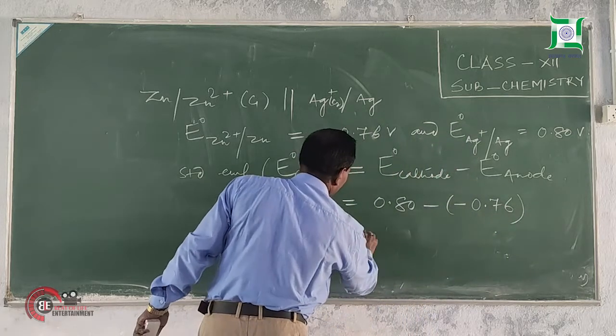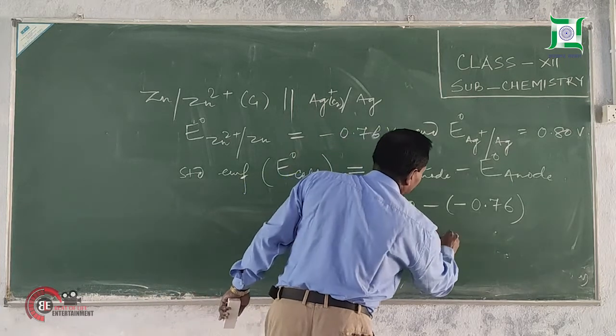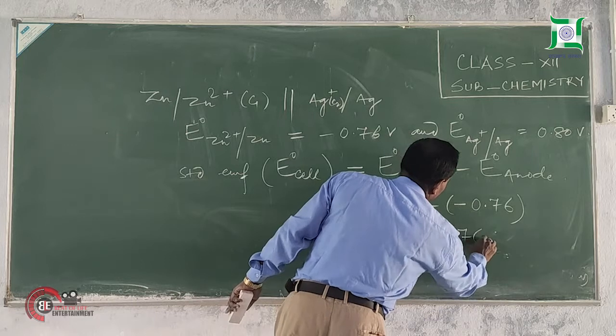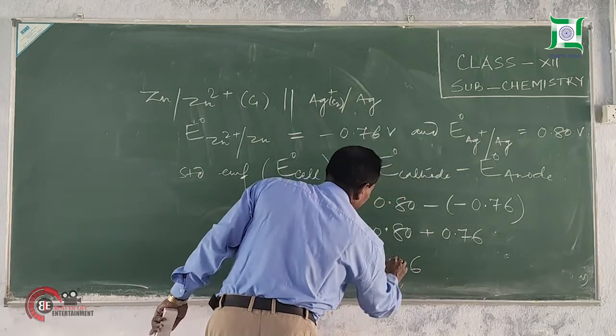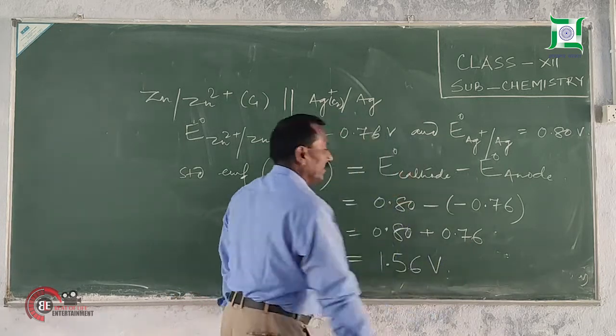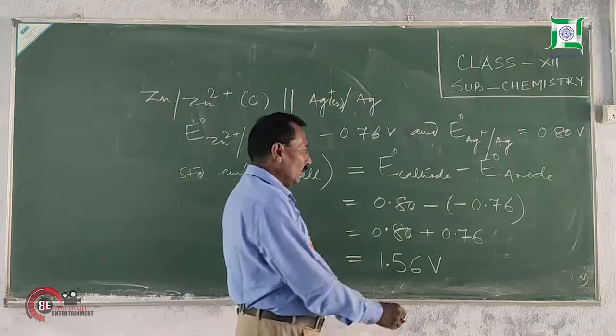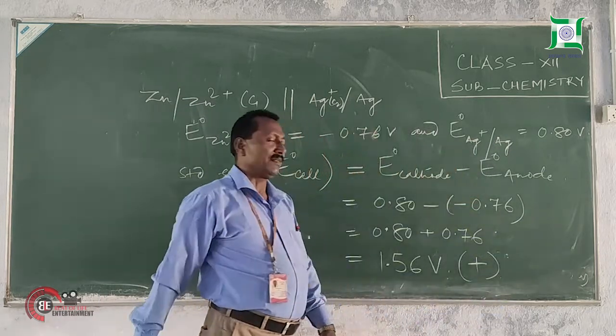So this is equal to 0.80 plus 0.76, and this comes to be 1.56 volt, that is positive.